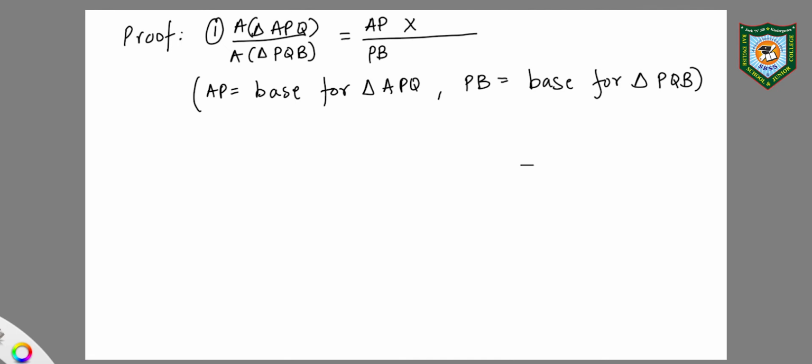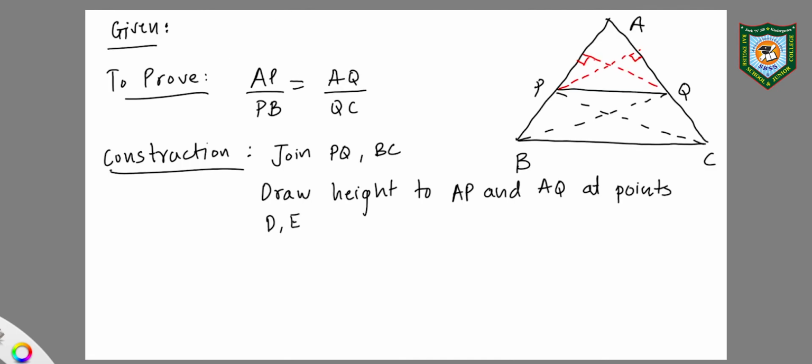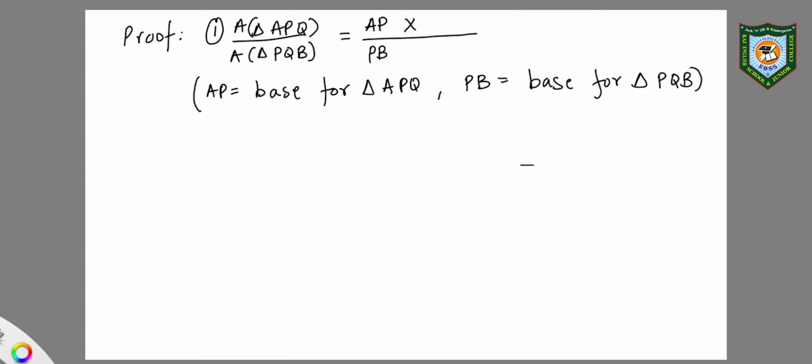Now coming back to our height. So as we can see, this point is D, this point is E. QD is going to be height for AP and for PB as well. So I can simply write here QD, and in the denominator I can write QD.